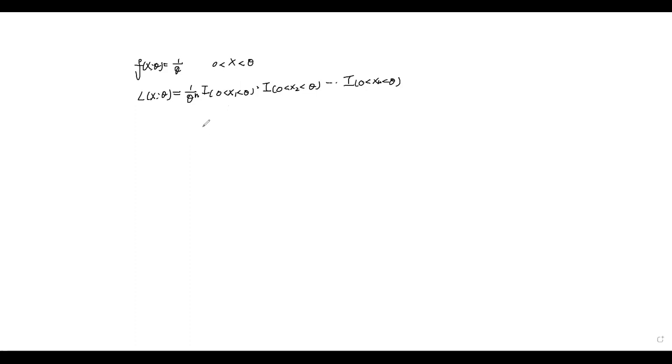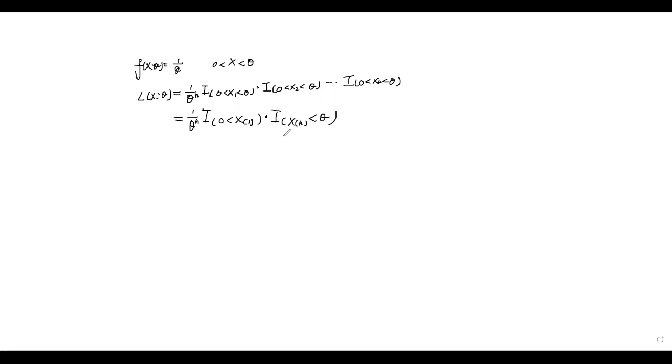Now we can rewrite this as theta to the n, and we can change x1, x2 to the order statistics. That means the smallest order statistic x(1) has to be greater than 0, and my largest order statistic, x(n), has to be less than theta.